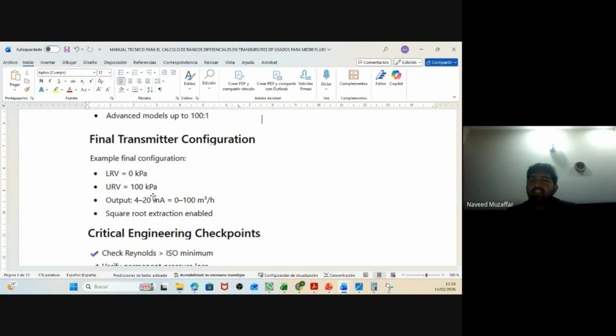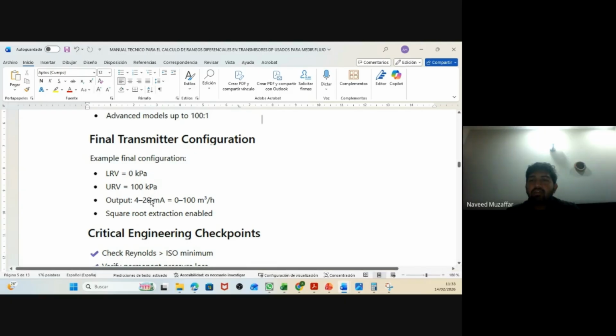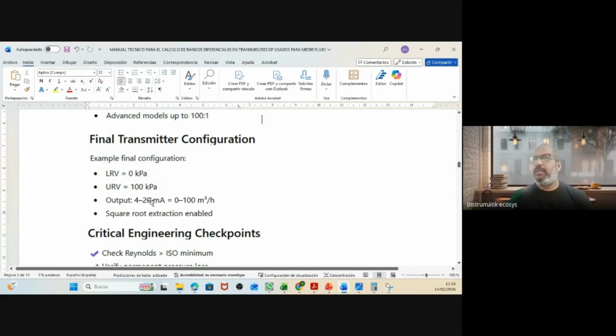We usually follow international standards like SI units, international standard units. Millimeter of water or inches of water usually, but we also use millibar as well. Yeah, it's the same here.